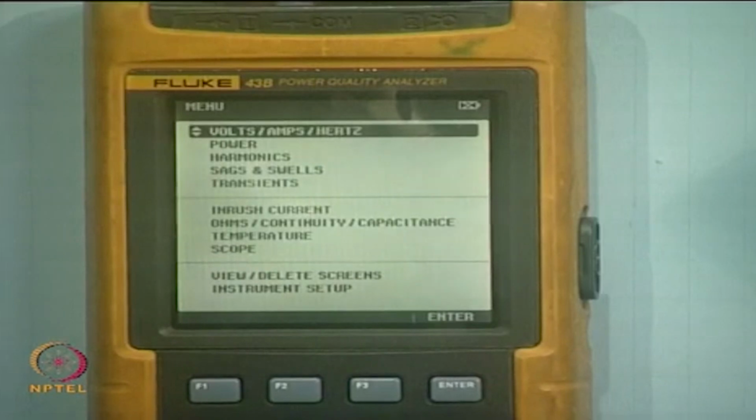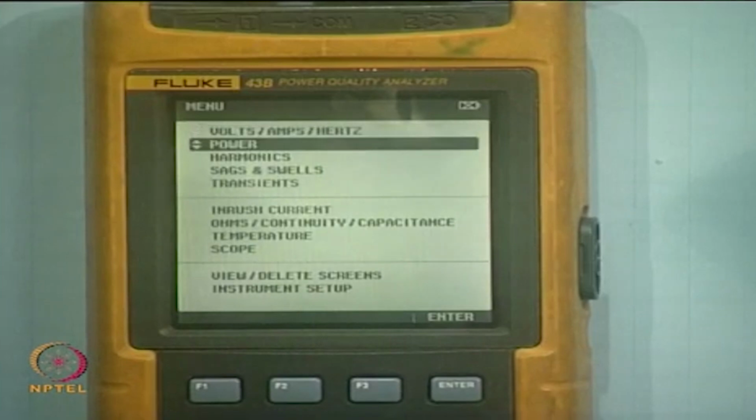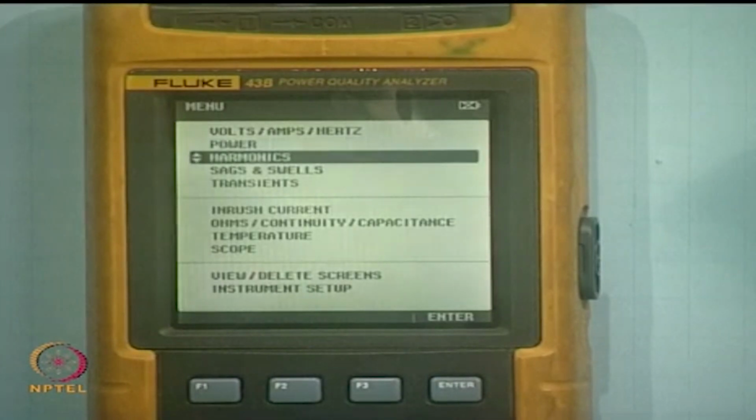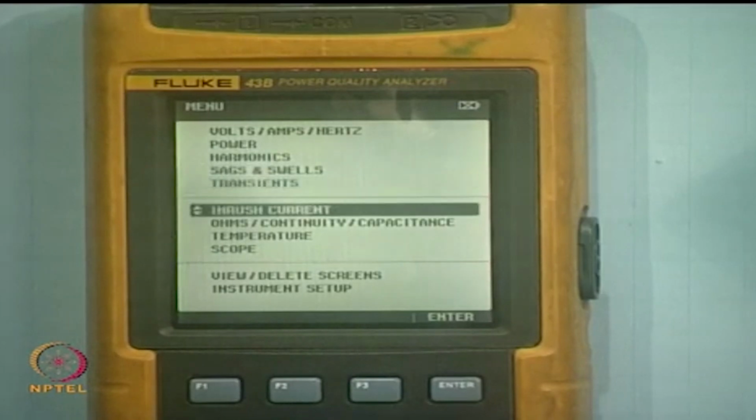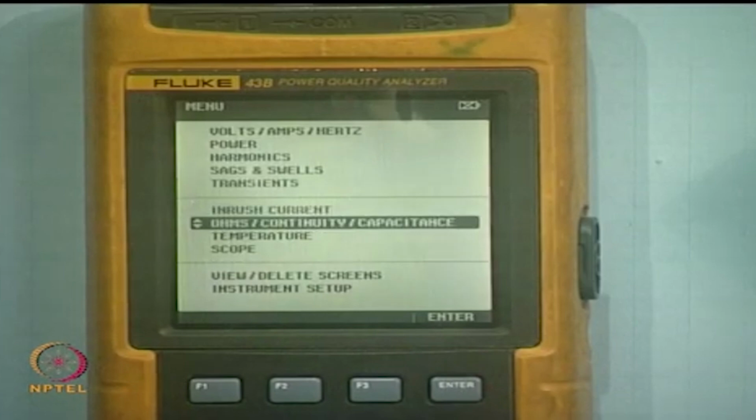You can measure voltage, current and frequency as indicated here, and then you can measure power. Then you can measure the harmonics, and of course there are other quantities like sags and swells, transients, and inrush current.